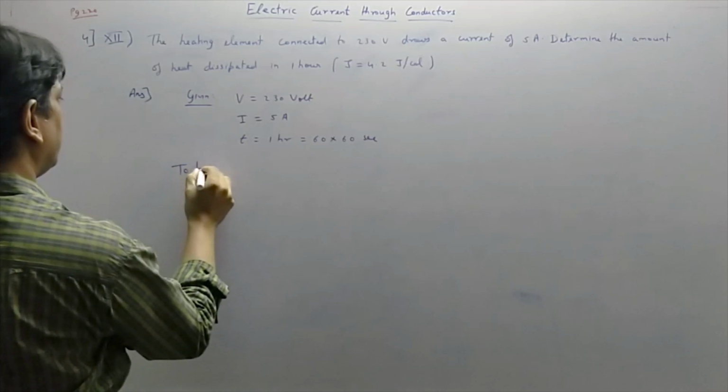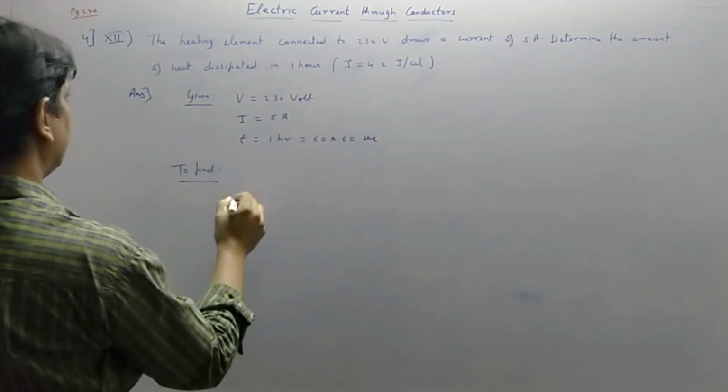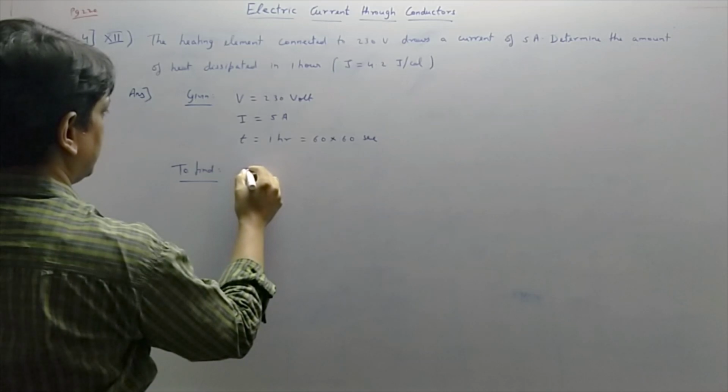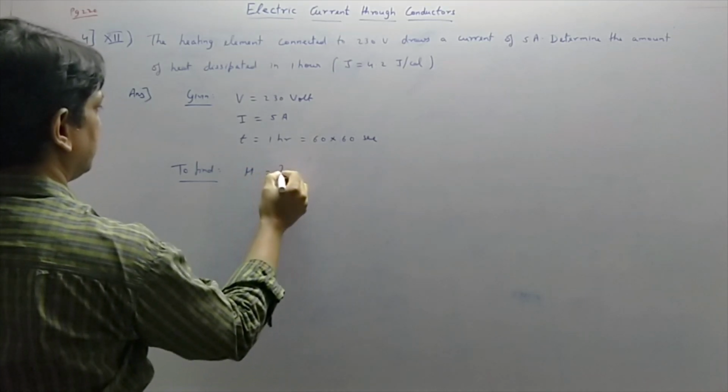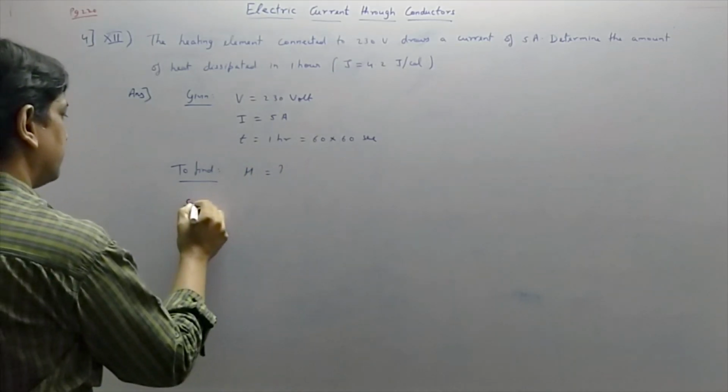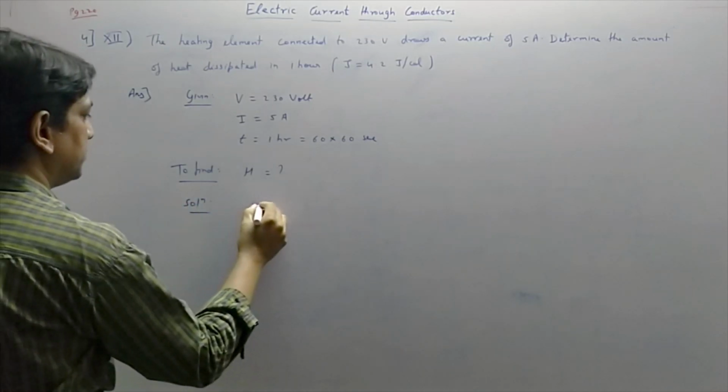What you are going to find is the heat dissipated, that is, we write delta H. We are going to find work done. We find work done or heat dissipated is VIT.